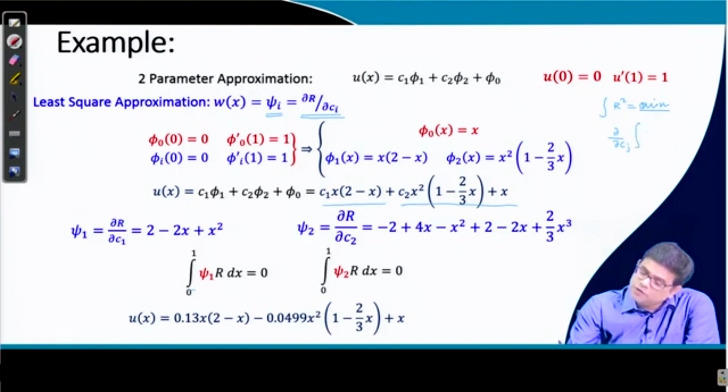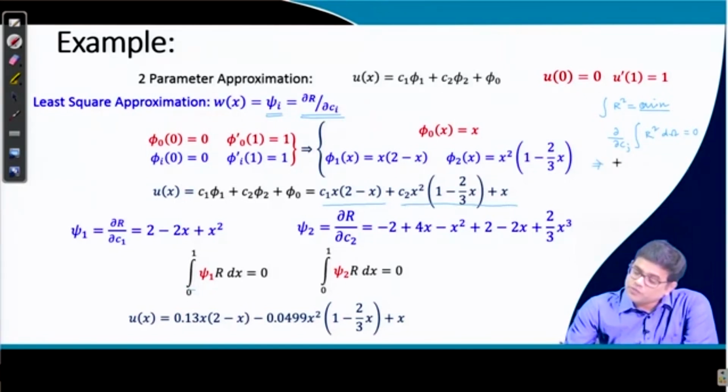So integral of r square d omega, this is my normal equation. So I can just take the derivative inside the integral. So this is always not the case. So del r by del Cj r d omega equals to 0.